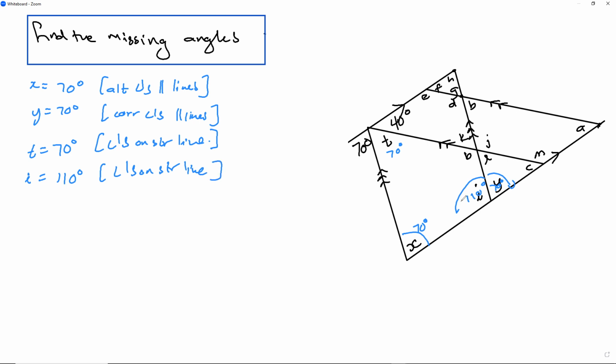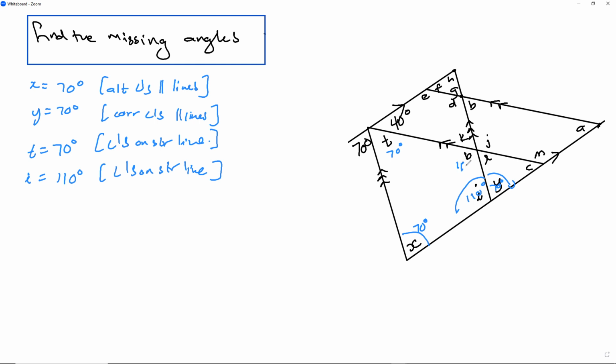And if I keep going in this way, I've got B, and I have a quadrilateral now. Angles in a quadrilateral add to 360 degrees. So angle B is going to be the number that makes 70 plus 70 plus 110 equal 360 degrees. 70 plus 70 is 140. 140 plus 110 is 250.